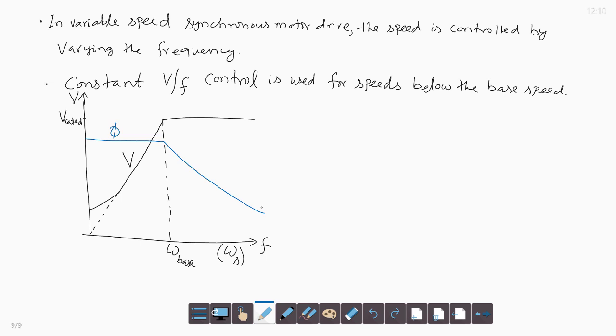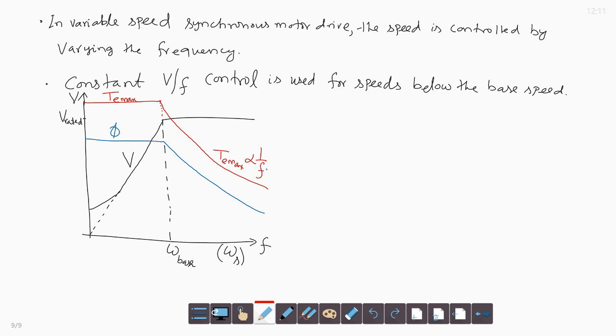So, in the same line we can draw the maximum torque. Pull out torque is constant up to the base speed, and above the base speed, because flux is inversely proportional, we have T max inversely proportional to frequency or speed.